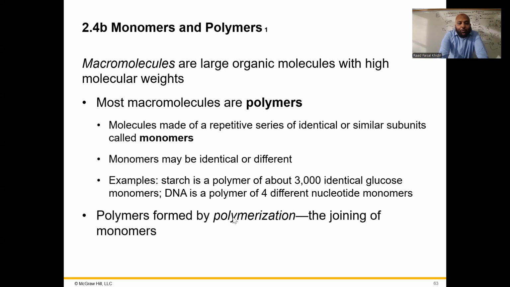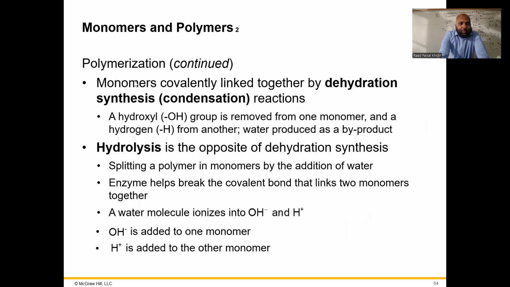So polymers are formed by polymerization, which is the joining of the monomers. Monomers and polymers. There is polymerization. So monomers covalently link together by dehydration. We talked about that. So if we want to join things together, you remove water.